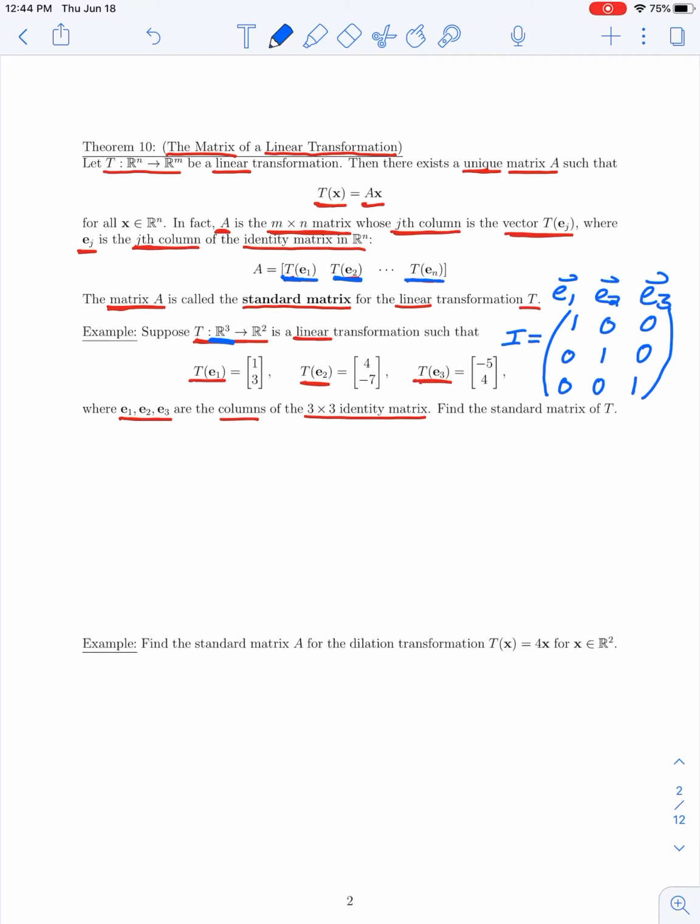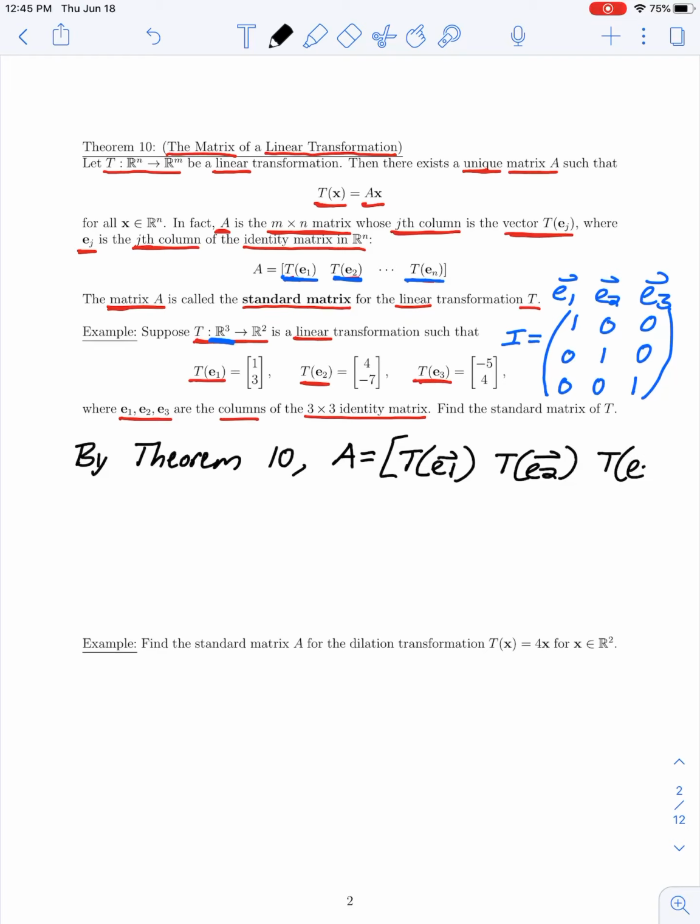So using our theorem, this new theorem, Theorem 10, the standard matrix A that we're interested in is the matrix whose columns are the images of E1, E2, and E3 under this transformation T. So here A would have a first column of T of E1, which we were given as 1, 3.